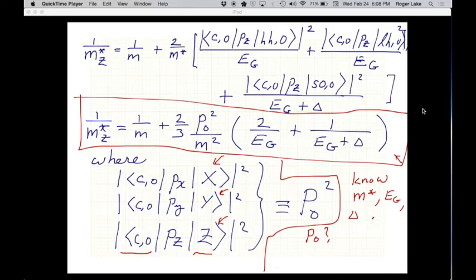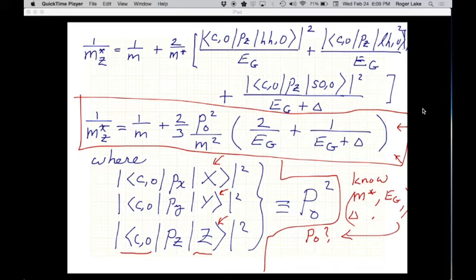And another thing: given all these quantities, they give you this value for P0. Another thing we can do is just look at this expression here and ask, what does it tell us about, say, the relationship between the effective mass and the band gap? Well, it's easy if you pretend delta is negligible compared to the band gap, then you can invert both sides.